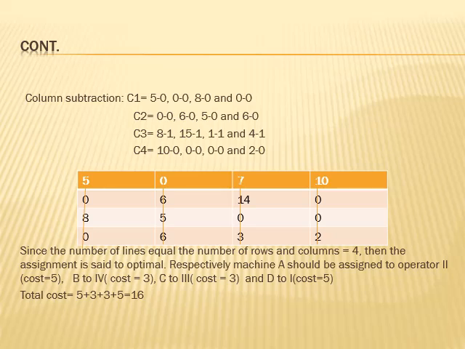This 1 should be subtracted from the other costs. Then we will get 7, 14, 0 and 3. Now each column and row has a minimum number of zeros.